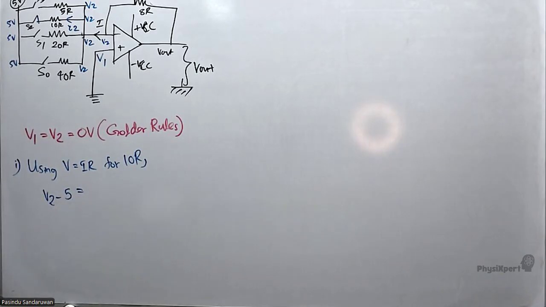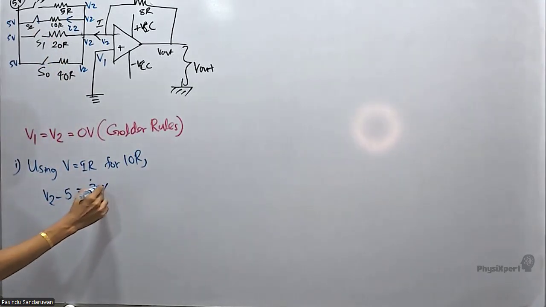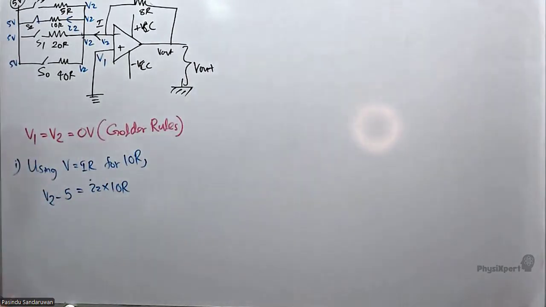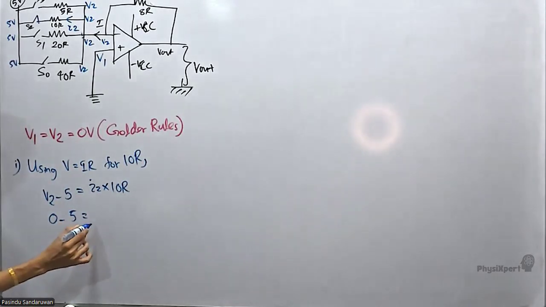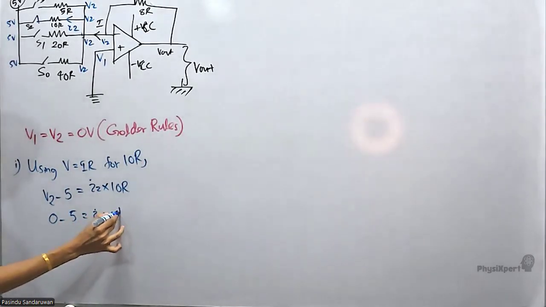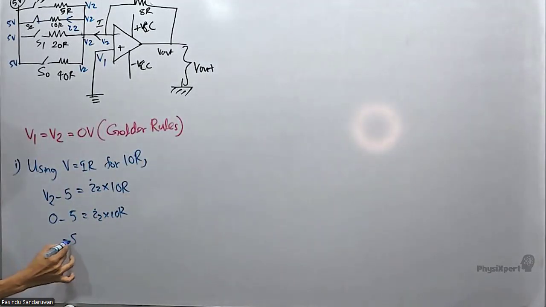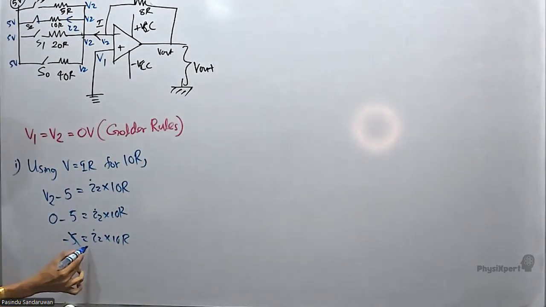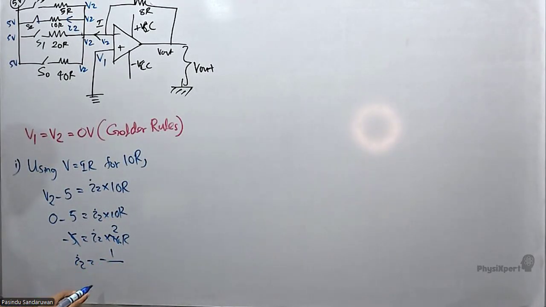V2 minus 5 equals I2 times 10R. We know V2 is 0. So 0 minus 5 equals I2 times 10R, minus 5 equals I2 times 10R.